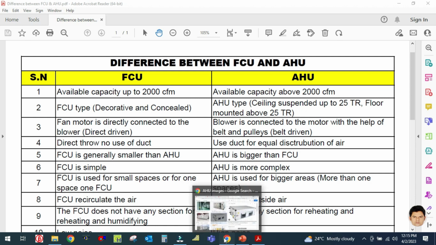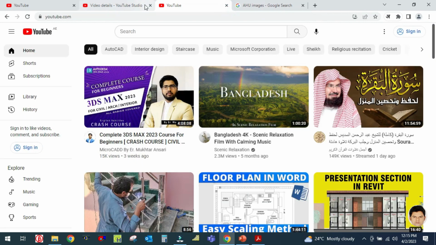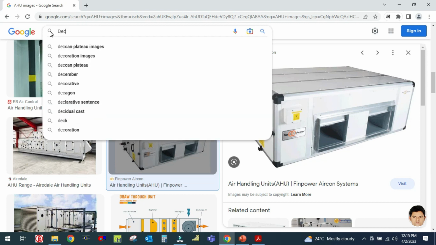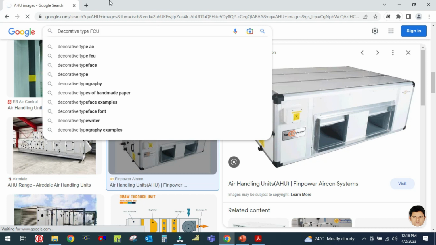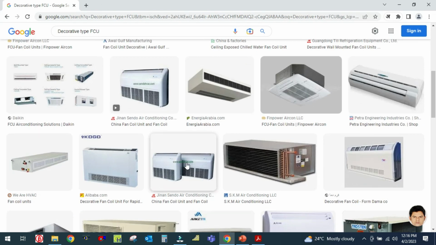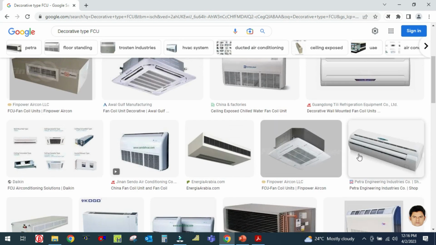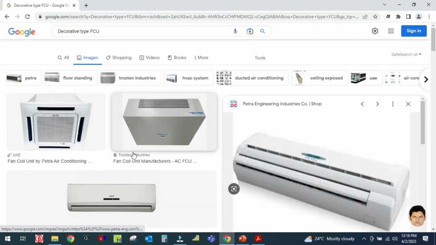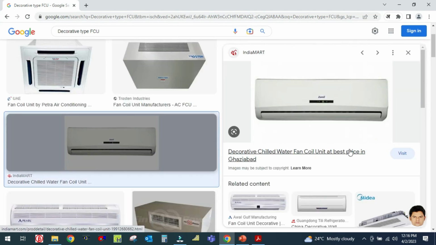So decorative type fan coil unit I will show you here. These decorative type fan coil units are called split type. This is called a split unit, or is also called decorative type fan coil unit.